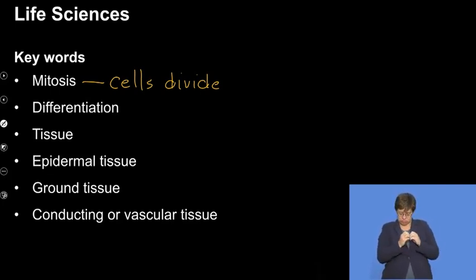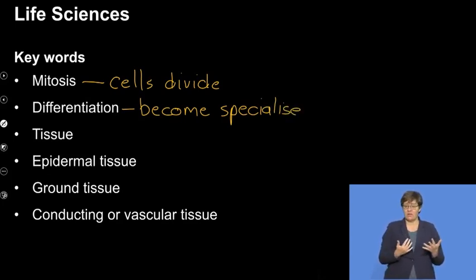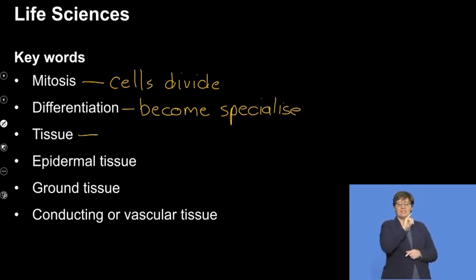As the cells get bigger, they become specialized, and we say they differentiate. When they become specialized, they can carry out a particular function. And when a whole lot of cells become specialized to carry out a function, they form a tissue.